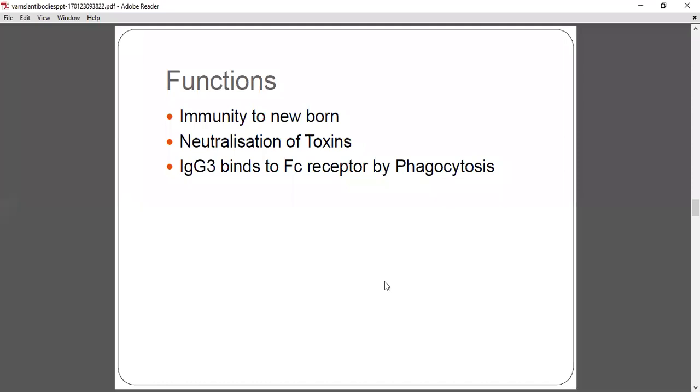So that function of opsonization facilitates phagocytosis, in which the antibody now has a receptor on the neutrophil or the macrophage, where it can bind, immobilize the antigen, and facilitate phagocytosis.